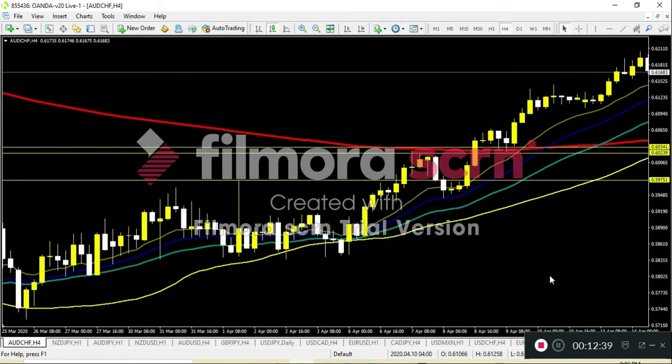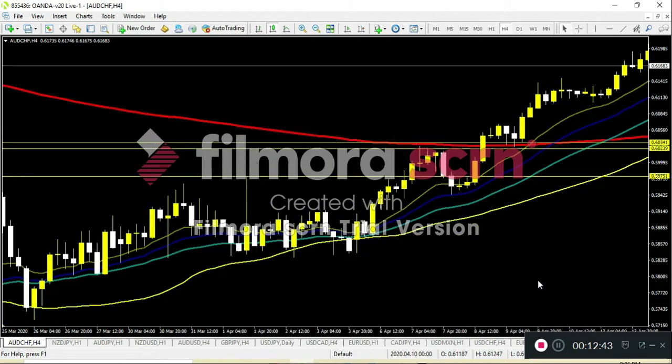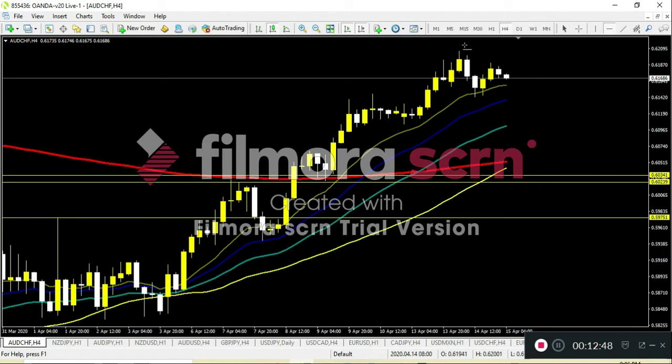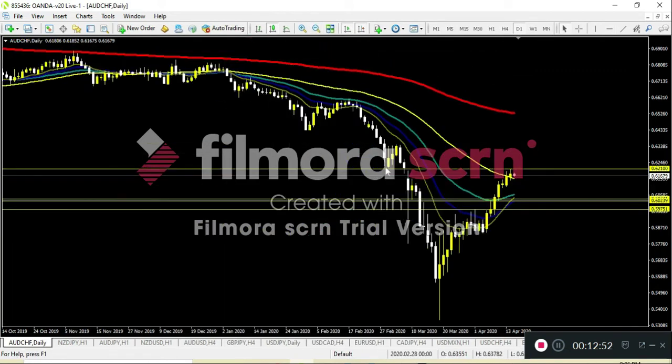Let's just go see where it went. It went here. Now I know this is the key situation right now with all Aussie pairs. There is a major support resistance level right here. The first one was there.